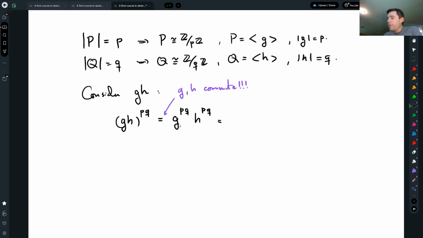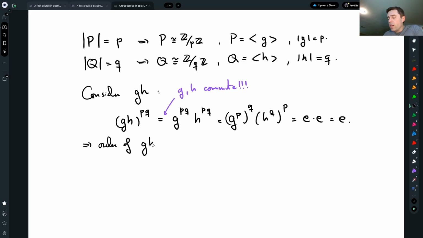Now g^pq, the order of g is p, so this is (g^p)^q by the laws of exponents, and this is (g^q)^p by the laws of exponents, so this is e times e, so this is e. Therefore, the order of gh divides pq, and it is not p or q, because (gh)^p would be g^p h^p, which is h^p, and the order of h is q, not p, so this is not the identity.